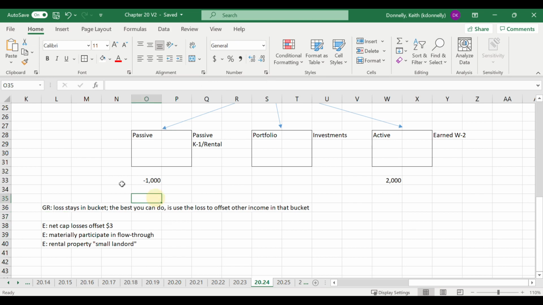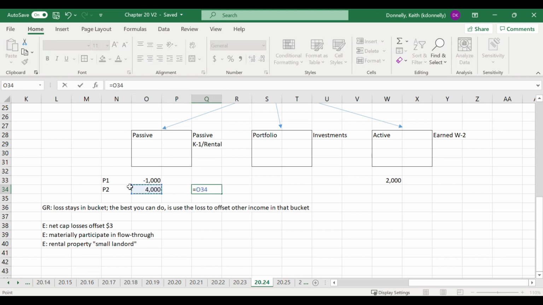So let's say over here we have passive activity 1 and passive activity 2. Let's just say it's 2 rental properties, right? One's a loser for $1,000 and maybe one's a winner for $4,000. The best you can do is offset this $4,000 by the loss, to get you to $3,000.